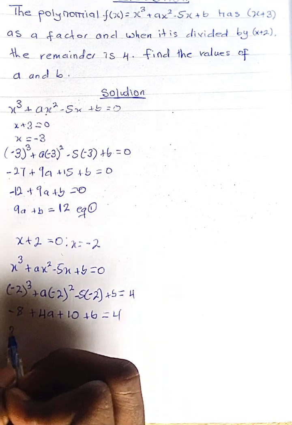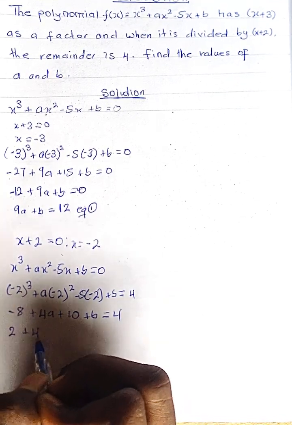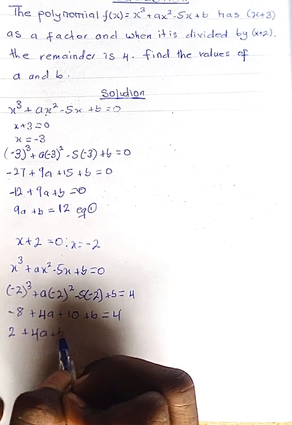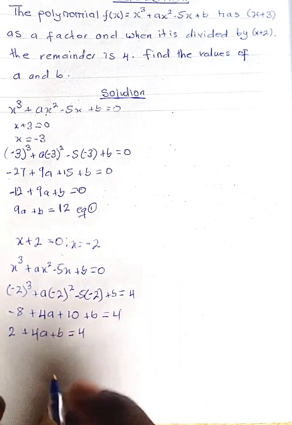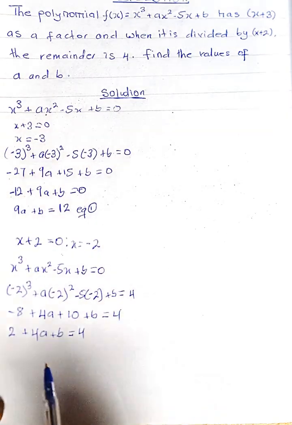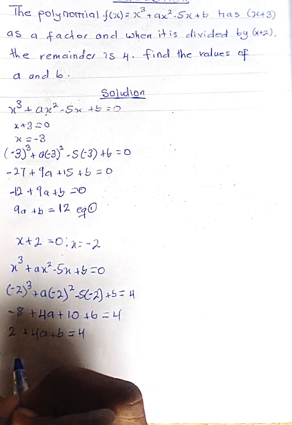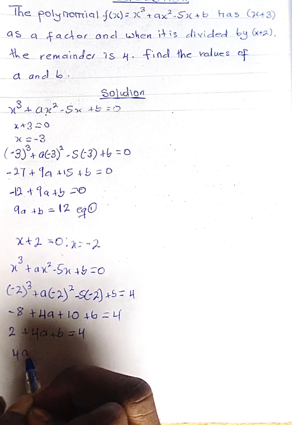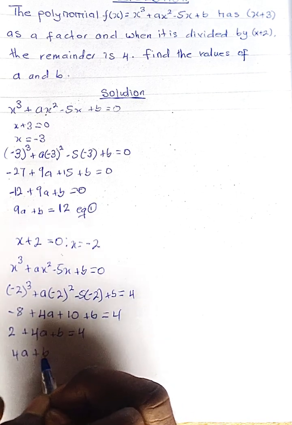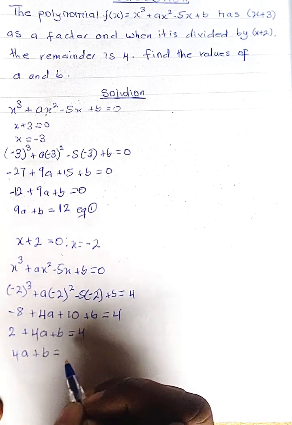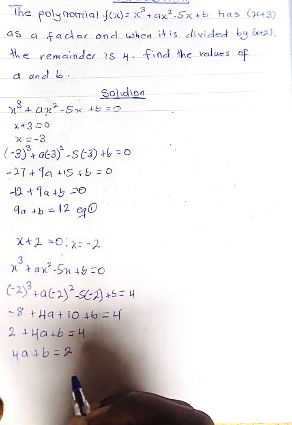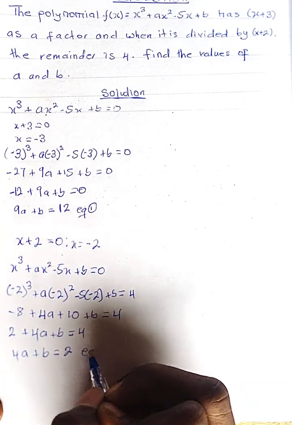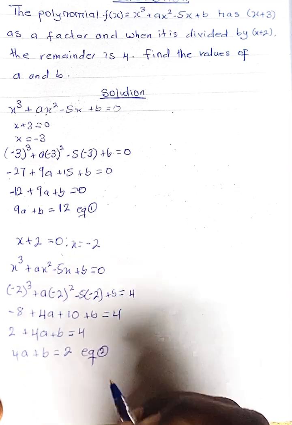This gives us 2 plus 4a plus b is equal to 4. Then we subtract 2 from both sides, and we get 4a plus b equal to 2. This is our equation 2.